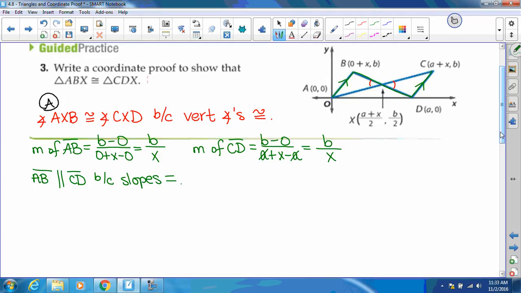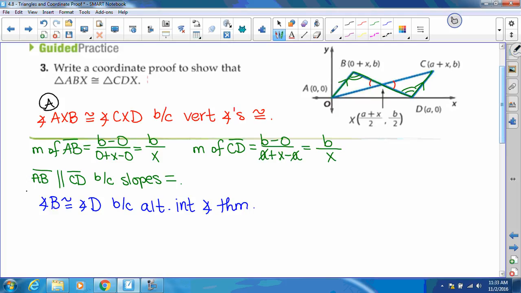Okay, and so because those lines are parallel, now we know that those two angles inside that Z are congruent. You also could have done the other angles, the angle at A and the angle at C, but we only need one pair, so let's just do one pair. So angle B is congruent to angle D because of the alternate interior angle theorem.